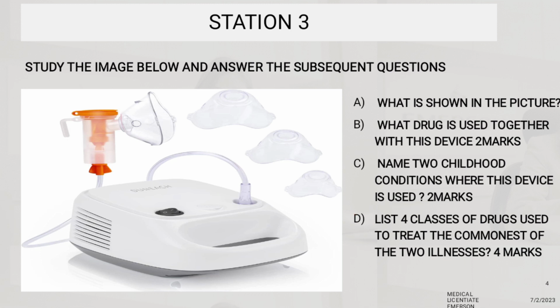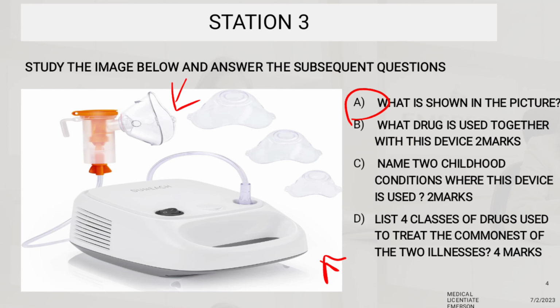Okay, so let's continue with, so what is shown in the picture. So this is a nebulizer. So that's what is shown in the picture. And then what drug are used? So say this is a nebulizer, and this is a face mask here.